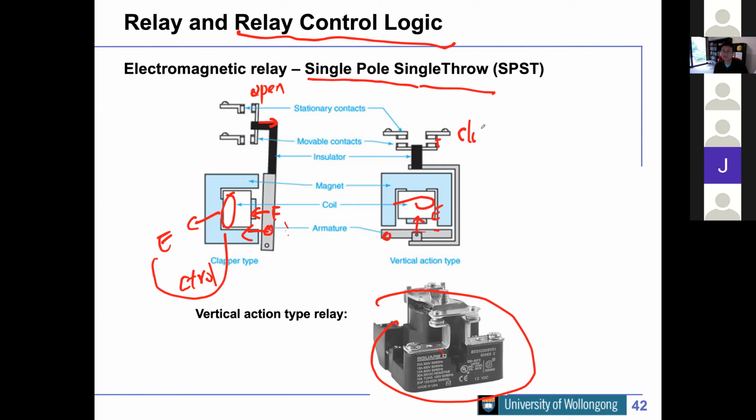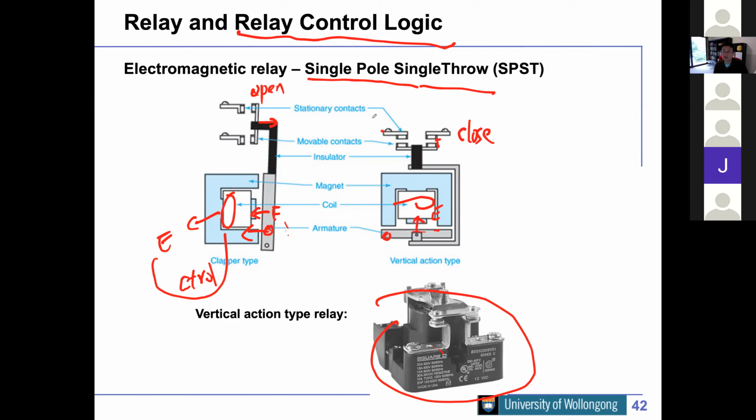So this shows two different types of relay. The first one is normally closed, and when you power it on, it will open. The right-hand one is normally an open switch.